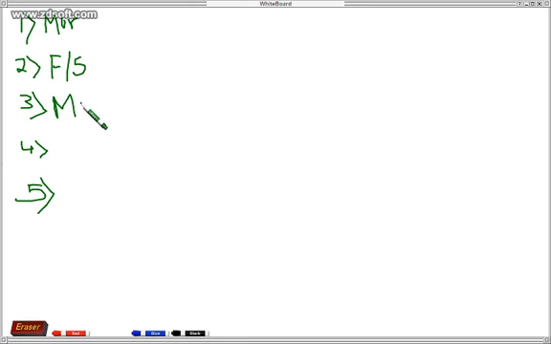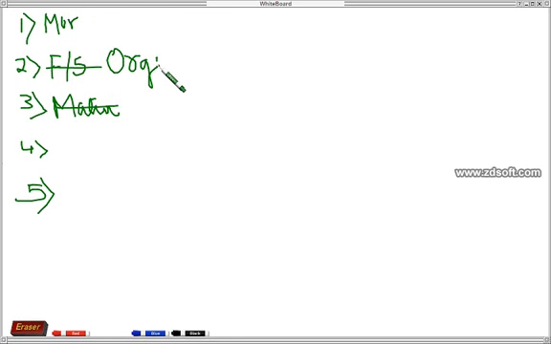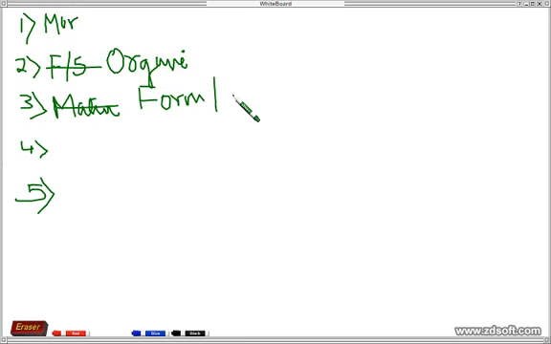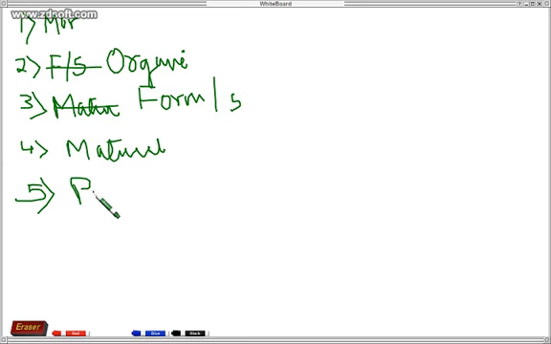Then is your maturative phase. Oh, sorry, I've made a mistake over here. First is morphogenic, then is the organizing phase. Third is your formative or secretory. Then is your maturative phase, and then protective.